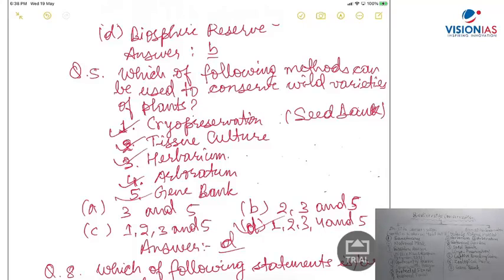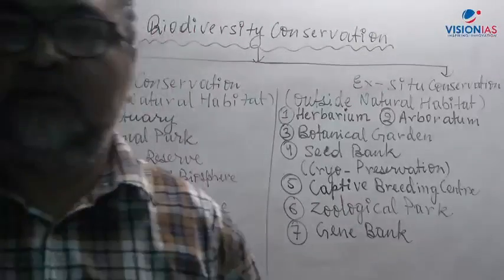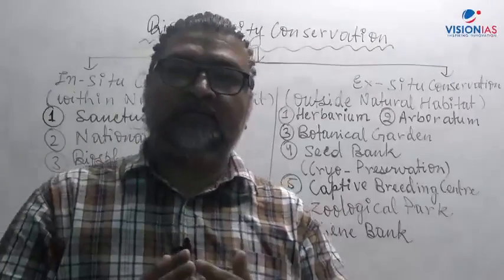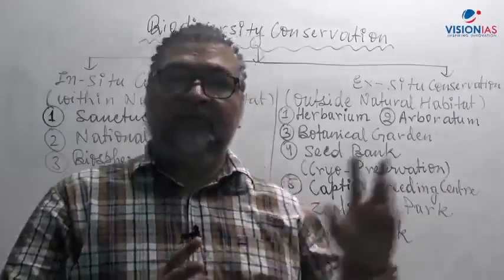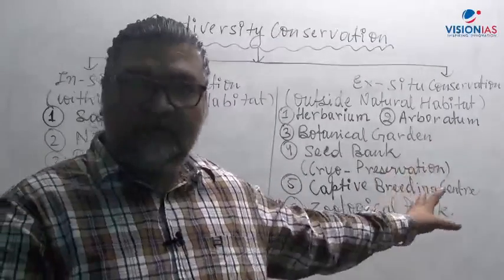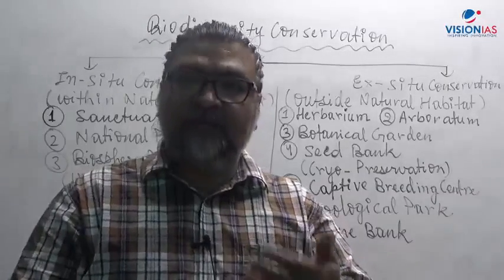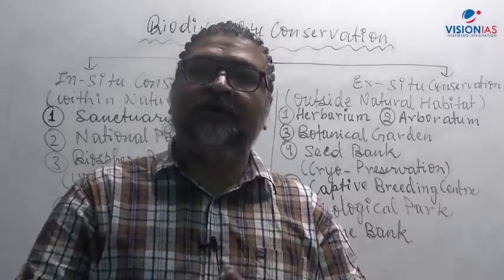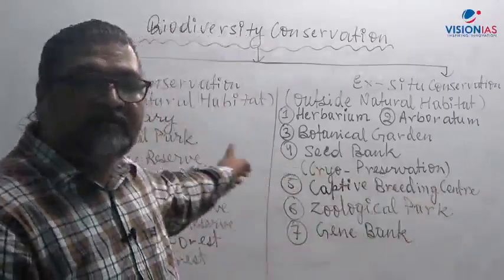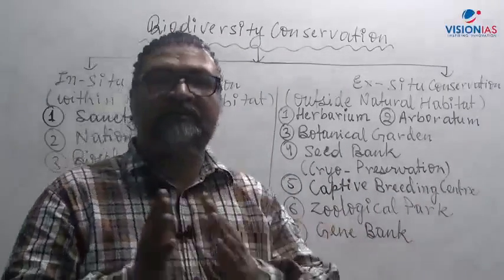Anyway, what I'll do right now, I have given you the division of the classification part. Now after the break, we'll go into the topic of national park, sanctuary and biosphere reserve. Now we'll see the differences.